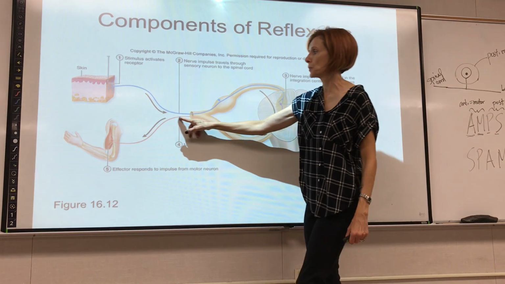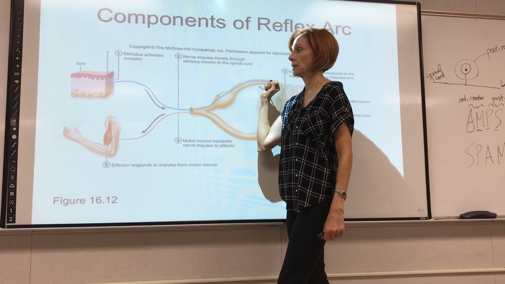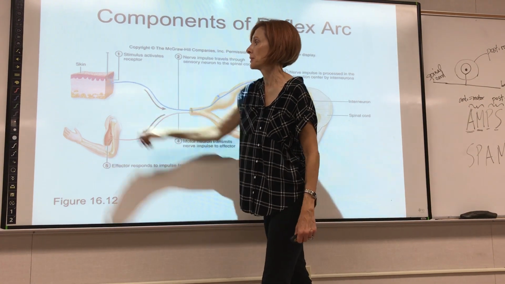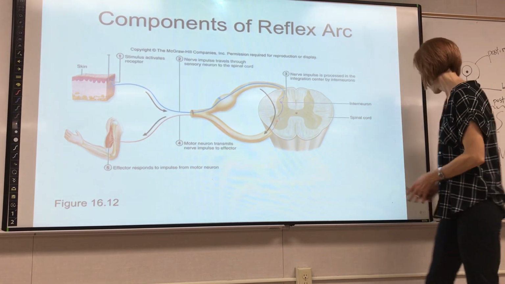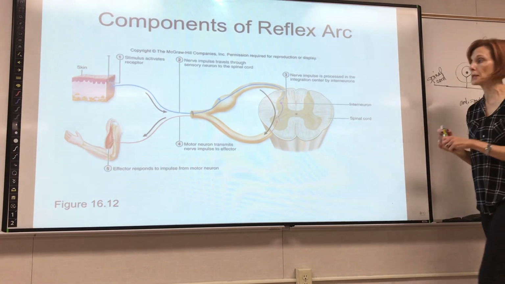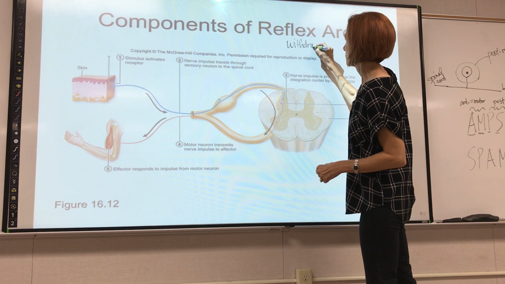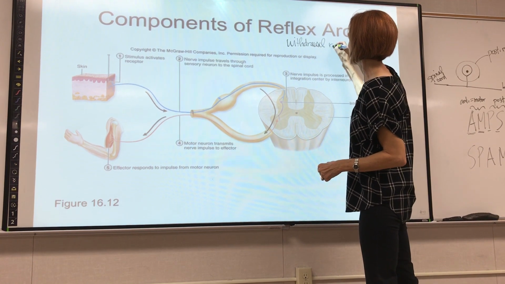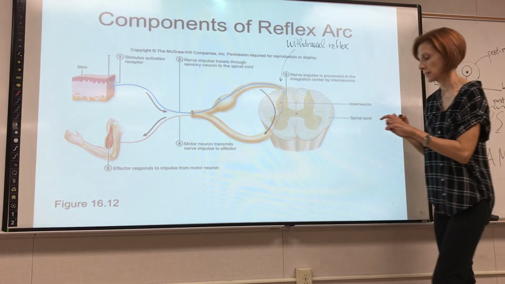And the motor neurons will go out to our muscles that would pull the body part away from that painful stimulus. So this is called a withdrawal reflex, okay, because we withdraw the body part from the painful stimulus. Withdrawal reflex is what this is.